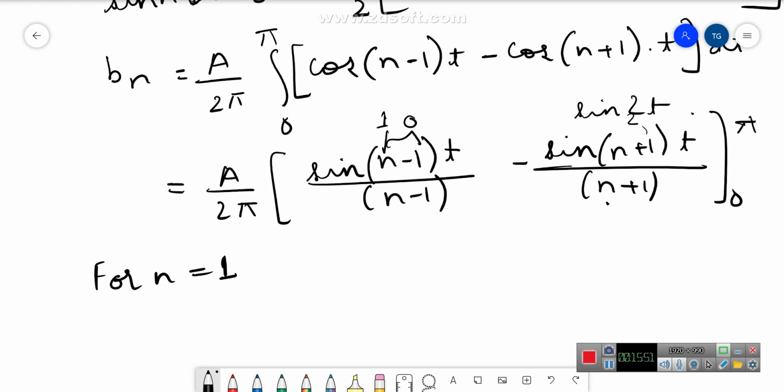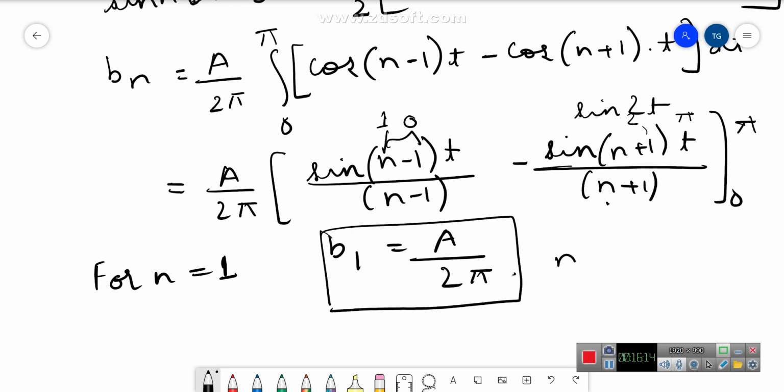So when we substitute pi here, this will make it 0, and here we have sine 0, that is also equal to 0. Then for n equals 1, we have b1 equals a by 2. Other than that, for all other values of n, that is 2, 3, and so on, our bn value is equal to 0.